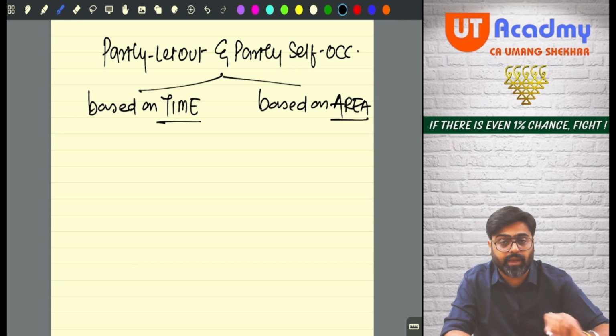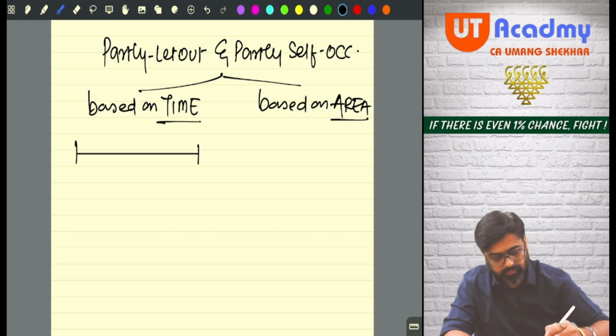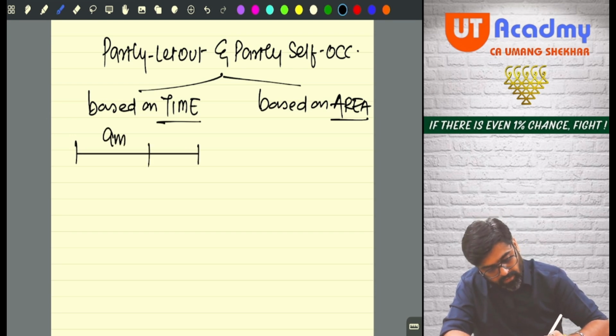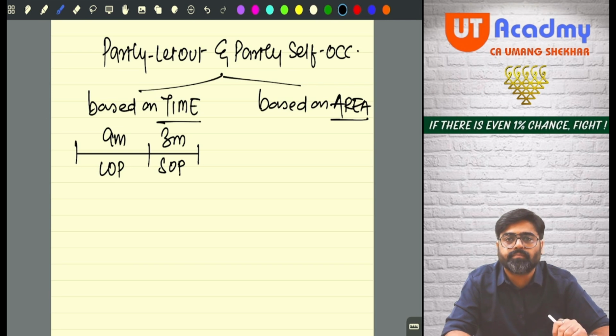Based on time, based on area. Based on time means what? This is your previous year. For 9 months, the property is let out, and for 3 months, the property is self-occupied. Come on, tell me. Is it possible? Possible or not possible?